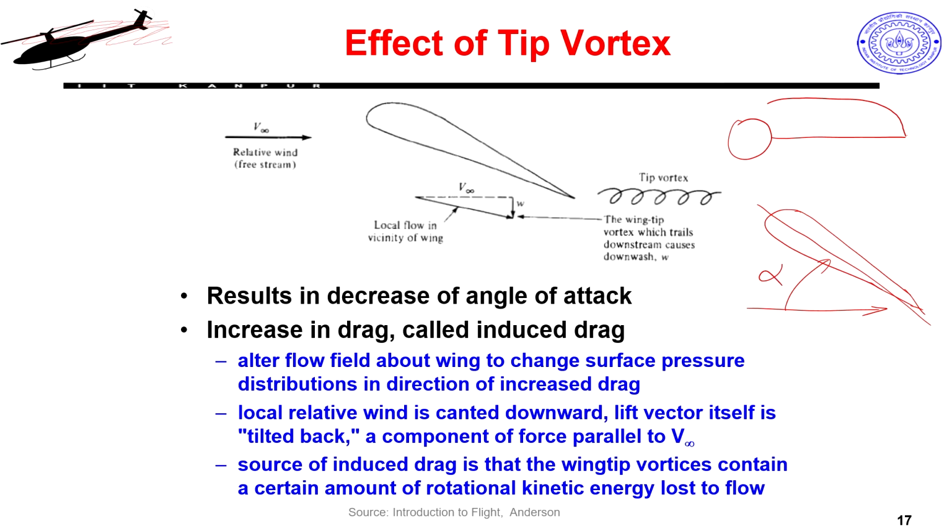Now, because of the presence of tip vortex which induces this downward component of velocity w, this particular line would now get tilted. So, there is a w added to this. This is my v infinity, my free stream velocity, and now this small w has appeared because of the presence of tip vortex. So, this tilts my direction of flow.